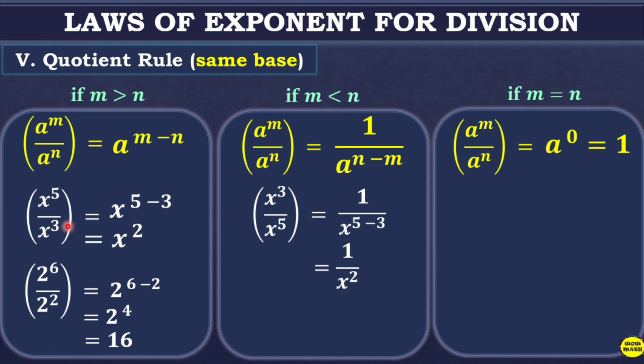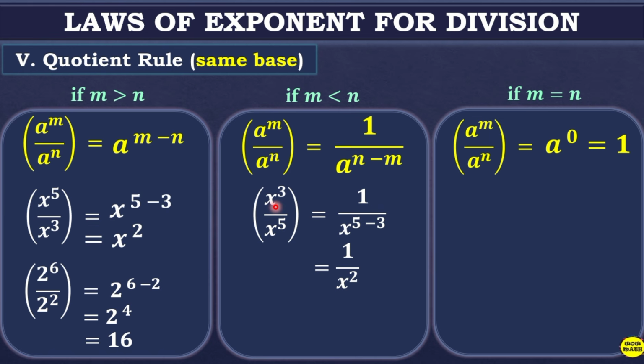Tatandaan na kung saan yung mas mataas na exponent, doon nyo po ilagay ang sagot. Kapag mas mataas siya, yung x squared ilalagay ko sa numerator. Ma'am, paano naging numerator yan? Again, kapag ganyan po ang final answer natin, automatic, may over 1 yan. Kaya para siyang nasa numerator.